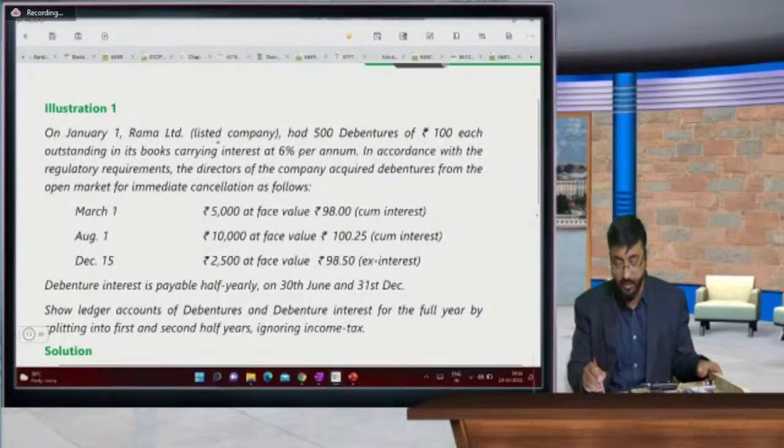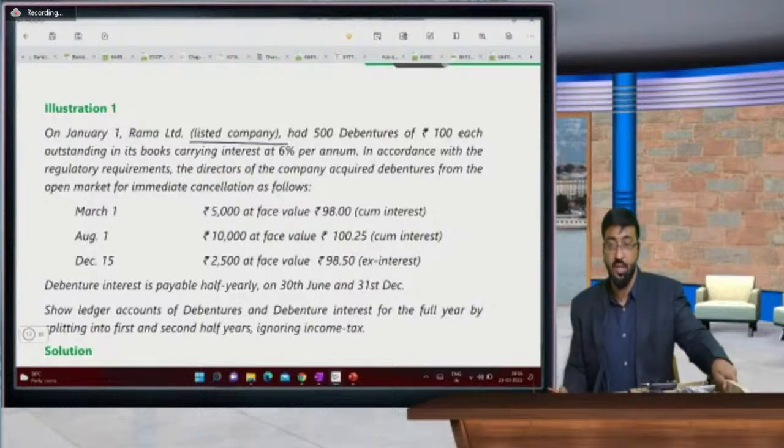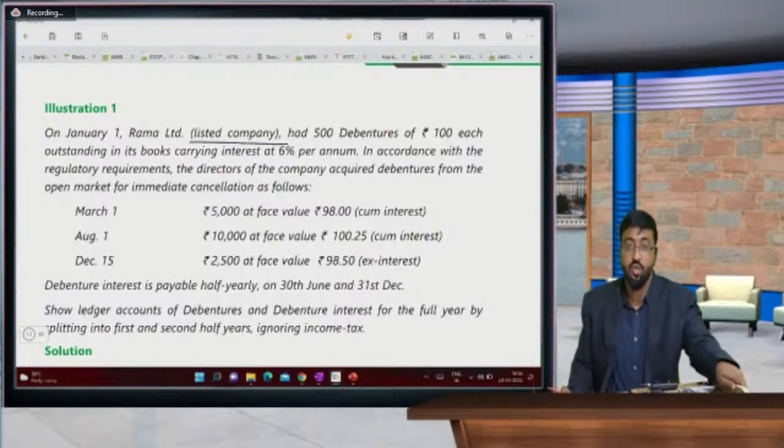Listed companies. So see, on January 1, come to illustration 1 quickly. Illustration 1, we are going to solve it.